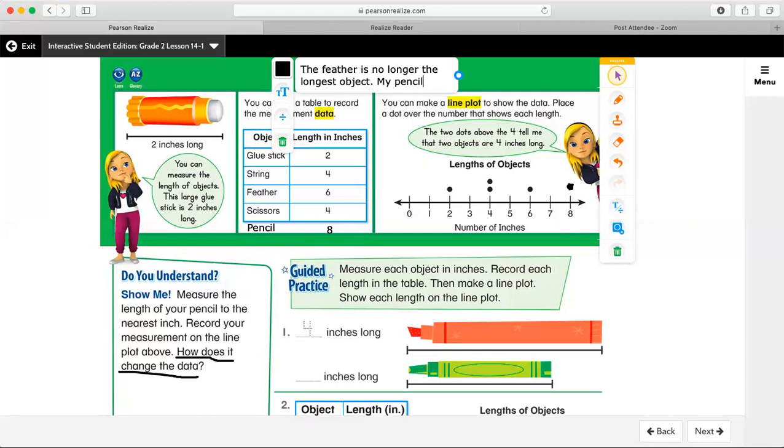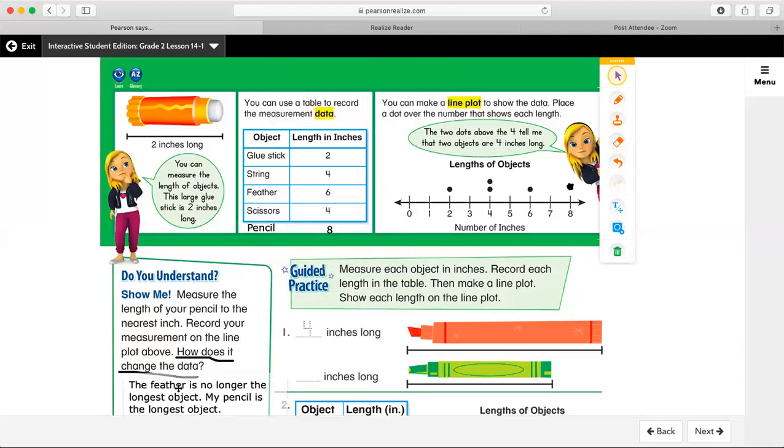My pencil is the longest object. Right? That changed our graph. My pencil was 8 inches. So now the feather was no longer the longest object because I had a pencil that measured a larger number.